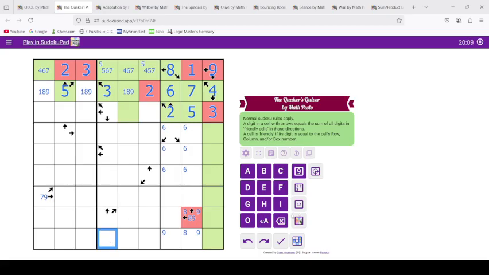This can't be a 9. Neither can that. Neither can that. Well, it could actually, because that could be a 9.